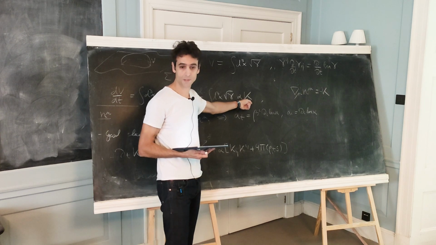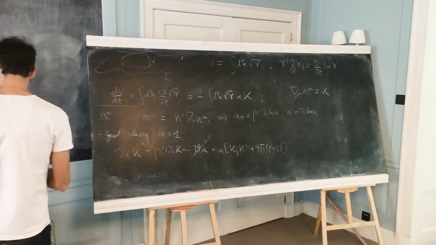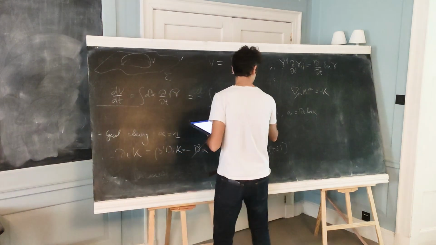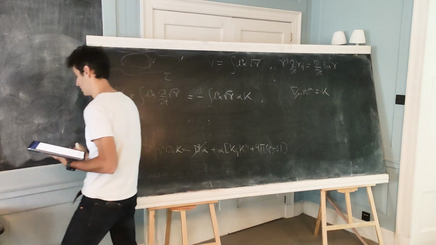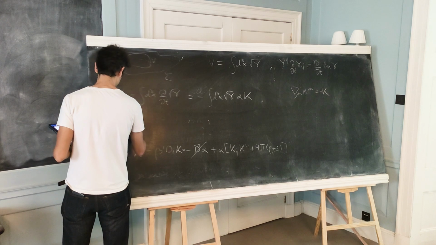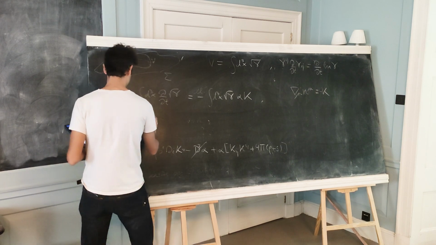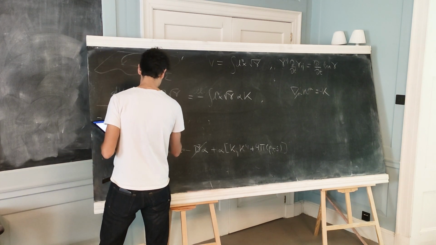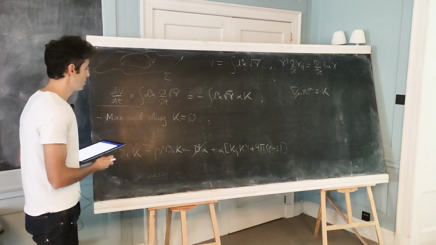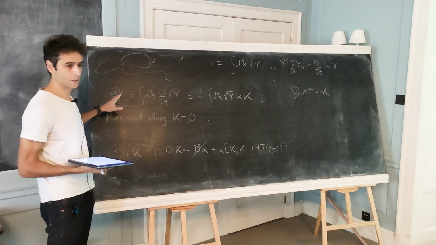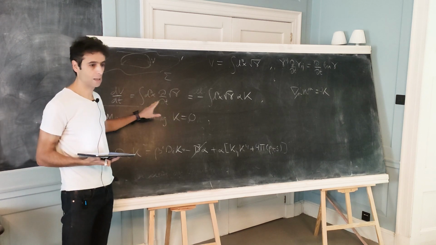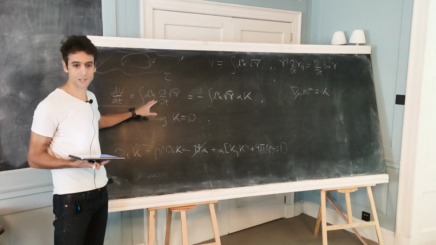So that's called maximal slicing. That's imposing K equals 0. It's called maximal because you can show that the volume elements, if you impose this condition, are maximal. So this maximizes the size of the volume element.